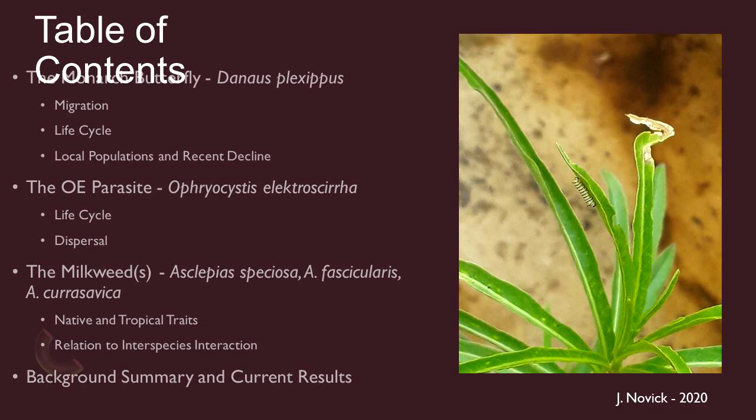One of those is a tropical plant, and the other two are natives. And I'll go into the traits of those three, as well as how those three relate to the interaction between the other two species that I'm going to talk about. And then I'll summarize and talk about what my results have found so far.